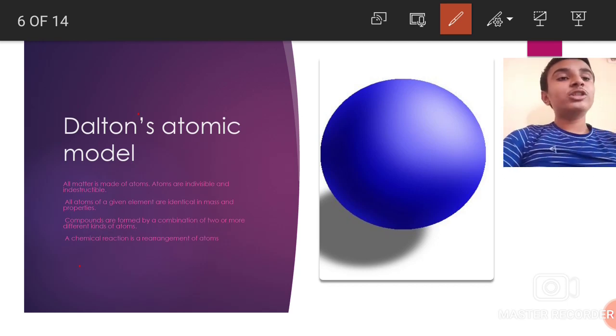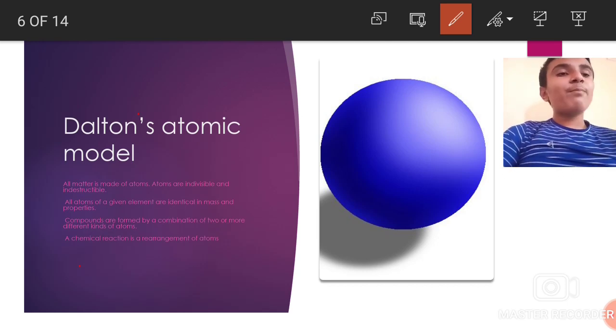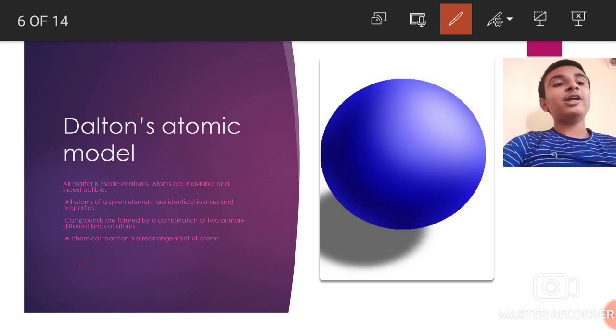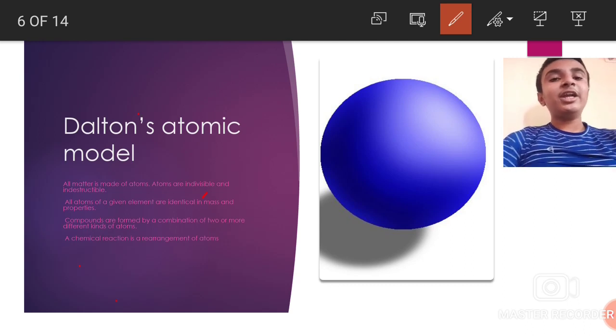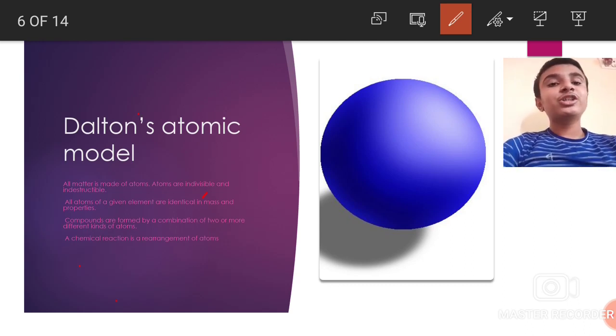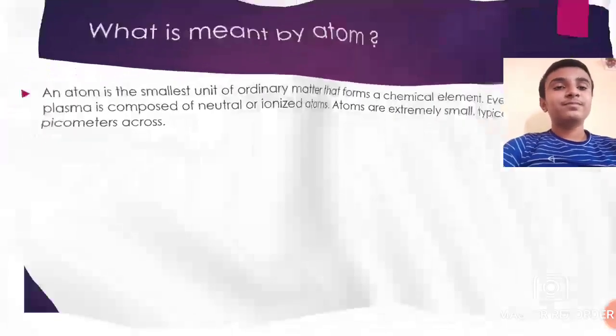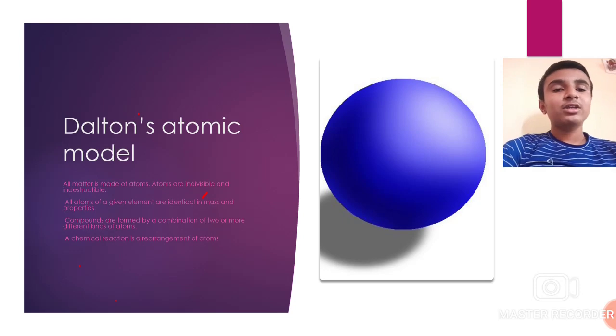Like when compounds are formed, the compounds have properties different from the atoms or elements from which they are formed. In that way, it is telling us that a chemical reaction is a rearrangement of atoms. Let's move forward.